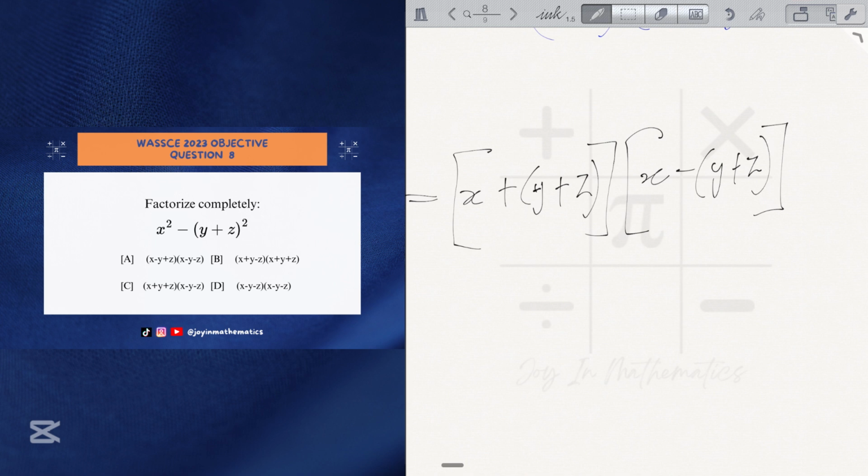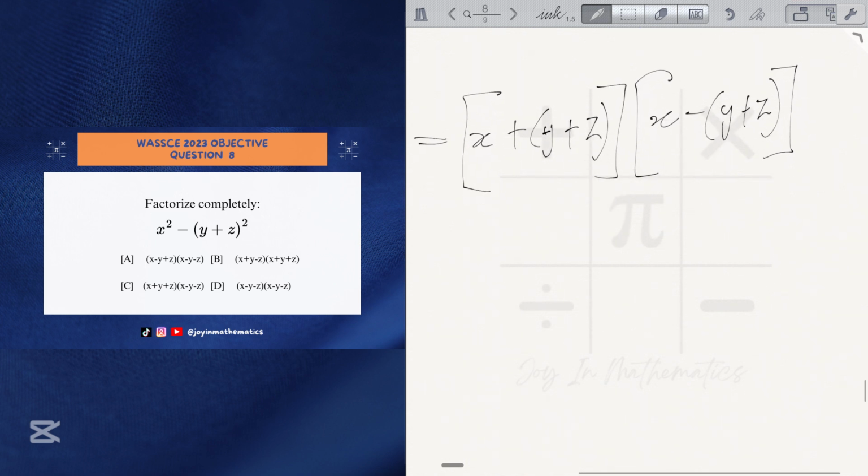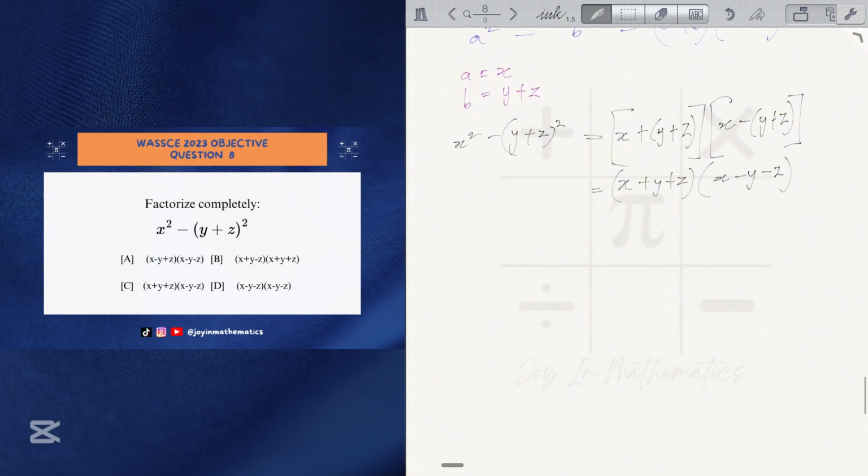With this we can simplify further. This will result in x plus y plus z, then change the bracket form and open the bracket with a negative, so this will be x minus y minus z. And this will be the resolution of x squared minus (y plus z) squared.